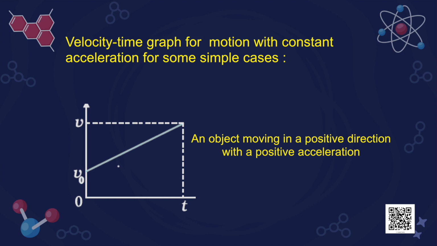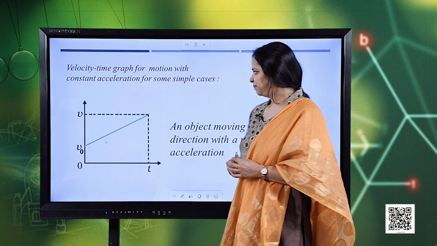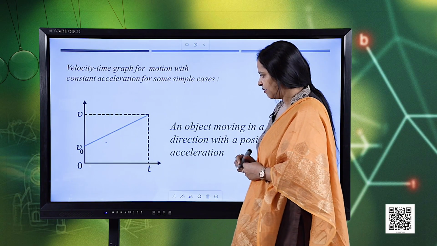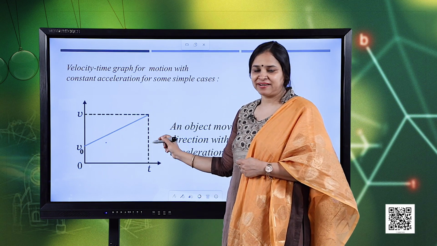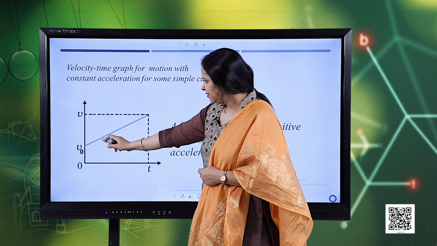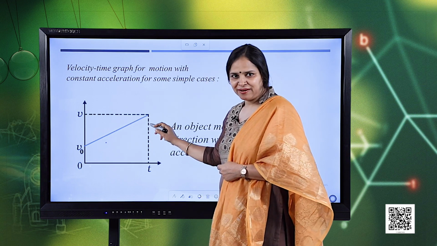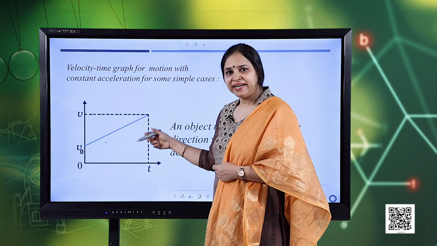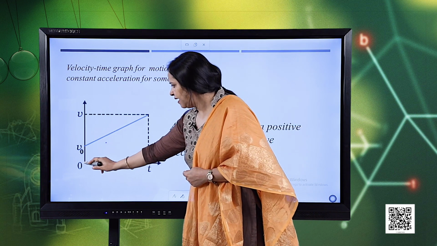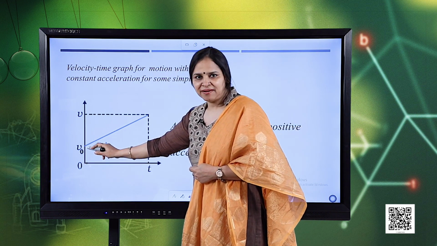Now, let us consider some velocity time graphs for constant acceleration. Look at this graph. It is a velocity time graph, and what does this graph represent? Here, this is a straight line graph inclined to the time axis. So, how do we read this graph? At time 0, there is some velocity.